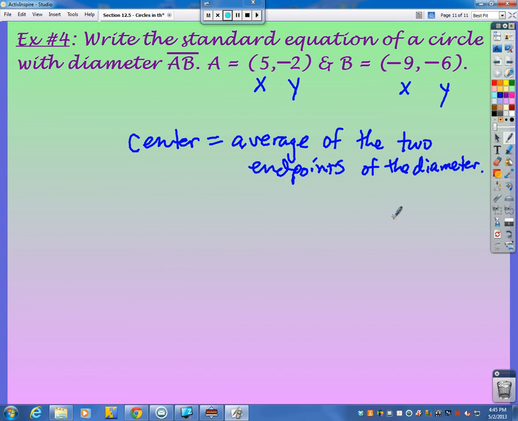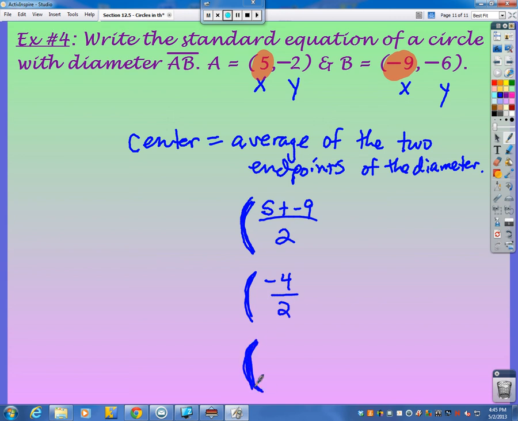This can't be for any chord, specifically the diameter. Okay, so if I average my x's, here's one x, here's another x. So if I average those two numbers, 5 plus -9, there's two numbers there, so I divide it by 2. So let's see, 5 plus -9, that's -4, divided by 2, that's going to give me -2 is the x-coordinate for the center, or for the midpoint.